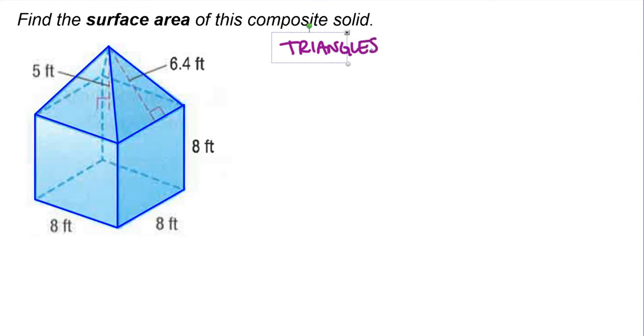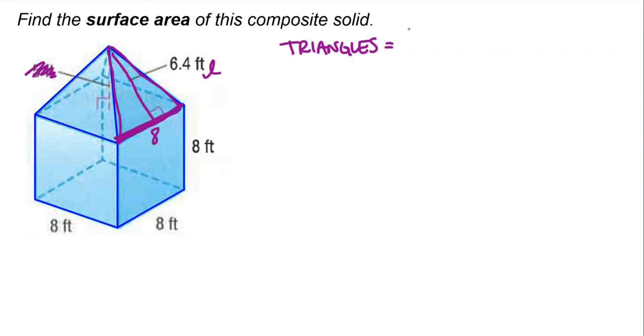And they're all identical because this is a cube. So all of these triangles are going to be the same size. They're all going to have a base of 8. And then remember, this is my slant height right here. This 5 feet is the actual height of the pyramid, which we don't need at all. That's too much information. So I'm going to use this slant height and the base, which is 8.